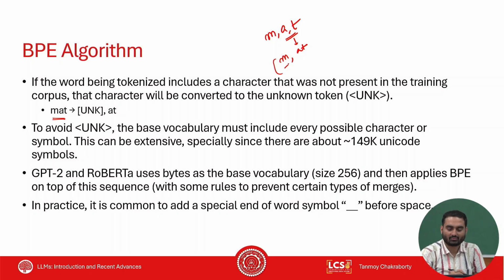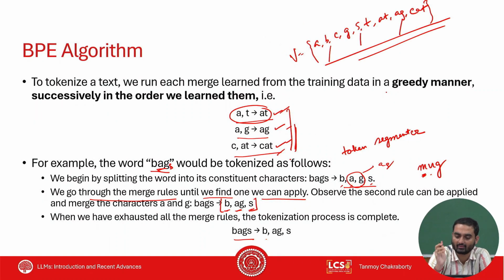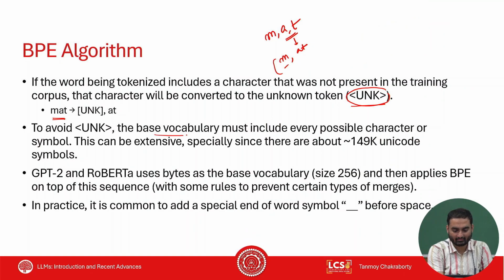What we do here is replace all such unknown characters by a token called unk. This unique token unk is always a part of the vocabulary that you have learned. The base vocabulary must include every possible character or a symbol like unk.